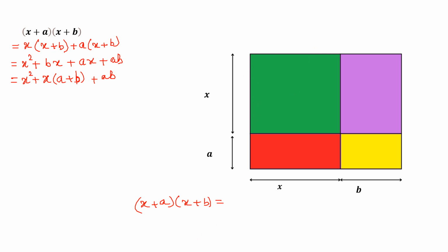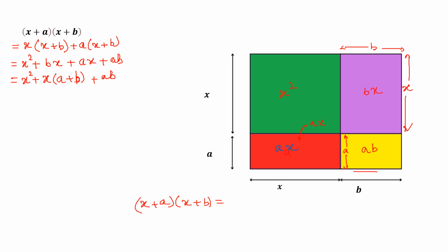So the area of this part will be x square. Now the purple one: this measure is b and this length is x, so the area will be bx. Now the yellow one: this measure is a and this is b, so the area will be ab, and this will be ax. Okay, this is your ax, I'm writing here.